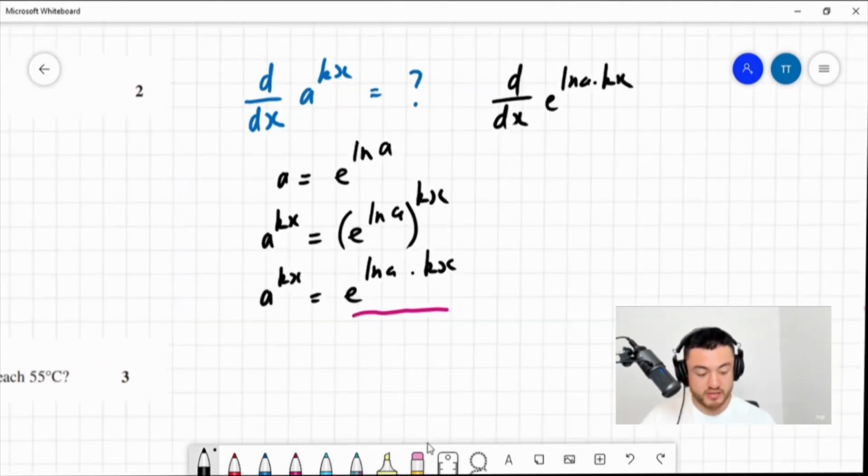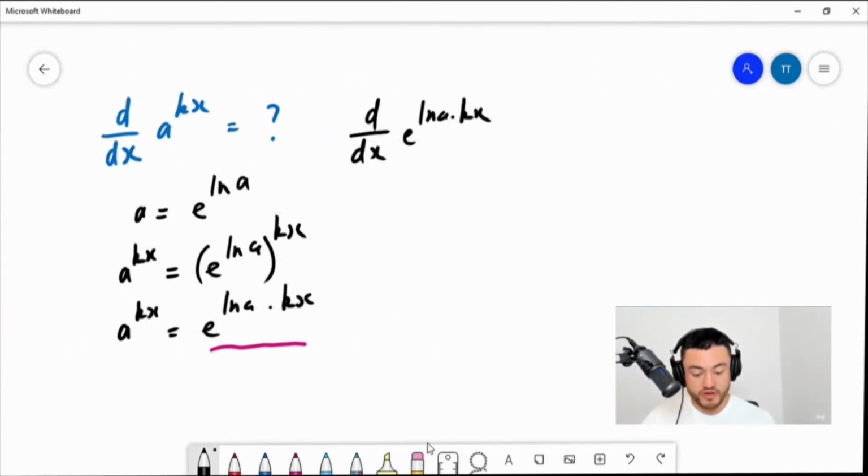times kx. Now we've essentially converted the problem into differentiating an exponential, which we know how to do. So the constant is going to come out the front, so we're going to have ln a times k out the front of e to the ln a kx.